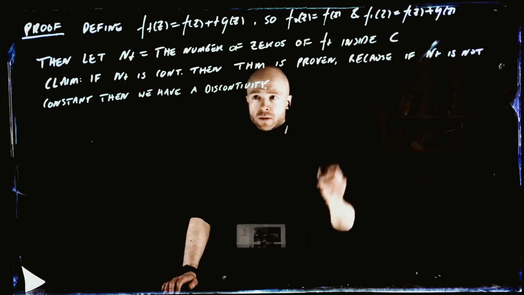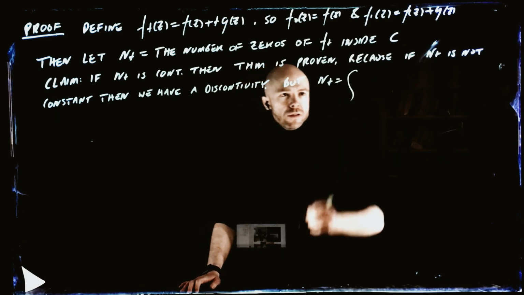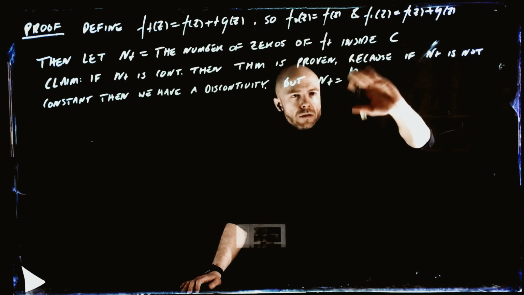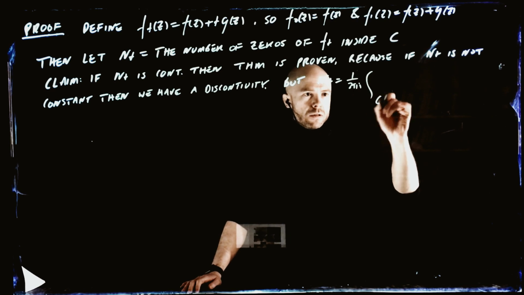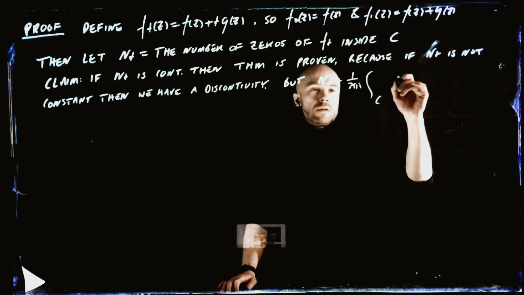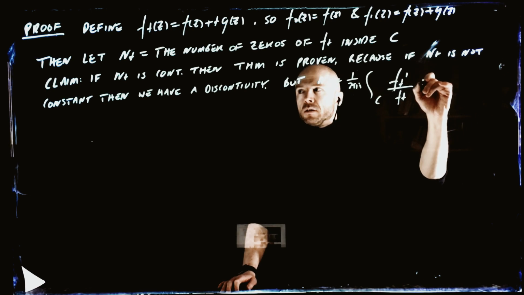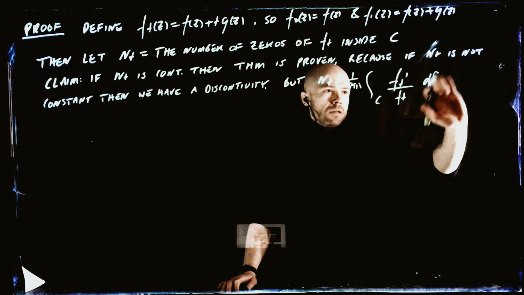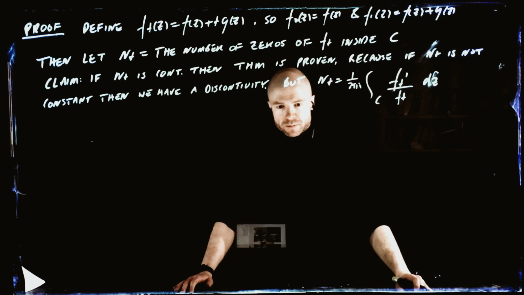But n(t) is nothing but the integral 1 over 2 pi i, the integral around the curve of f_t prime over f_t dz, because that's the previous theorem, that's the argument principle.